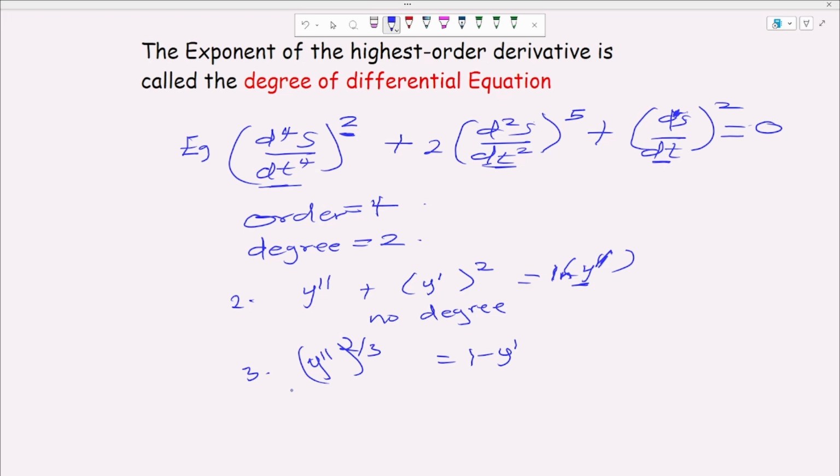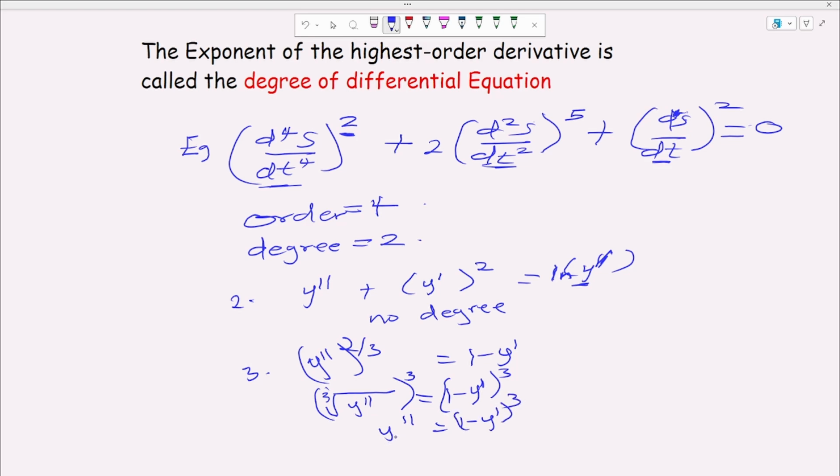Now in this case, we can rewrite this as the cube root of y'' equal to 1 - y', and then we take the cube of both sides. So we have y'' equal to (1 - y')^3.